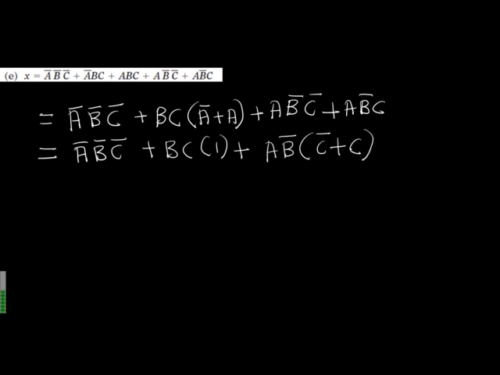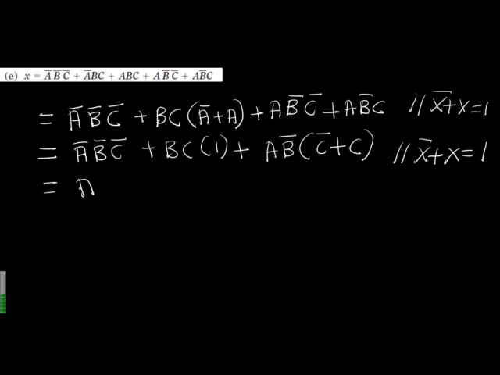Okay, so now this formula again is X bar or with X. Here I've used the same thing, X bar or with X is equivalent to 1. Okay, anything or with its complement, it will become 1.